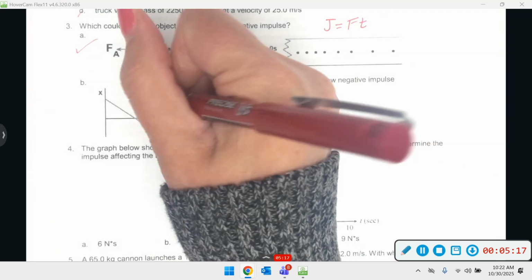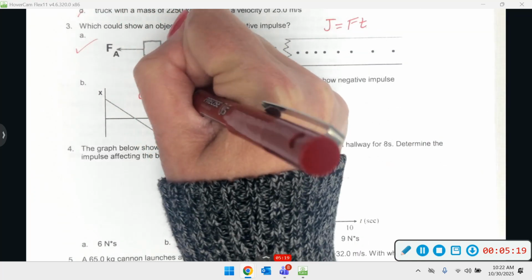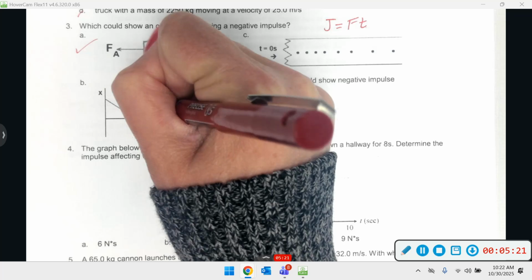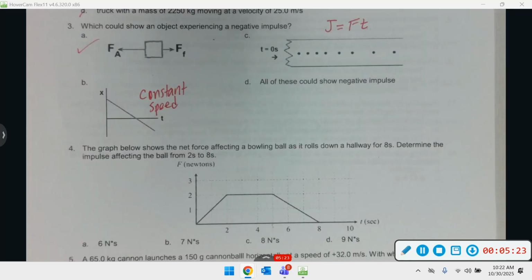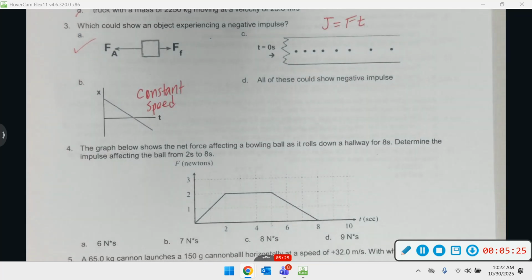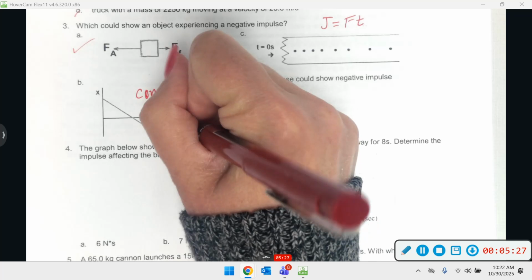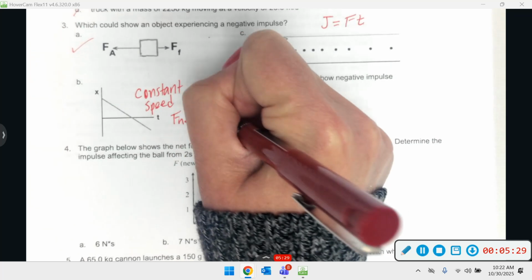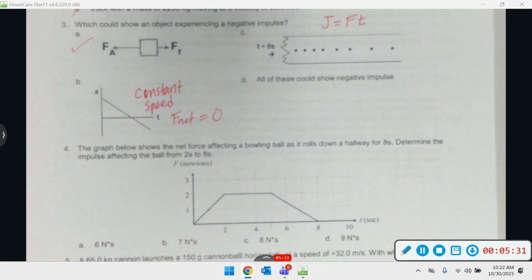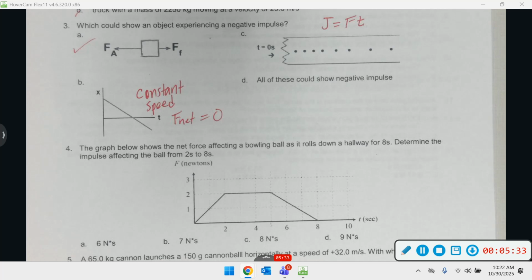I have constant backward speed, but constant speed. And if I have constant speed, that means I have a net force of 0. So that can't be a negative impulse because it's not an impulse at all. There's no force here. There's no net force, constant speed.